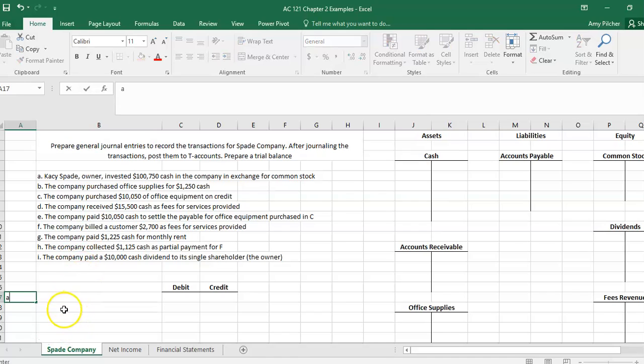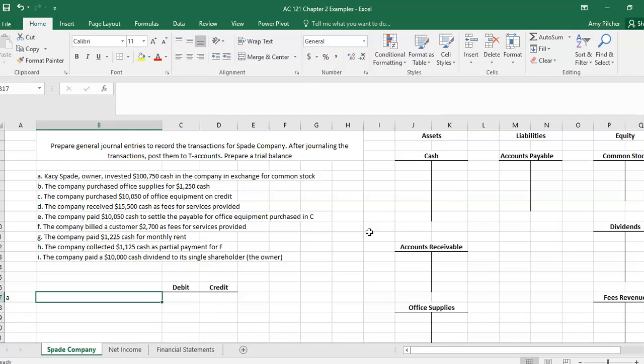So journal entry A, Kate Spade owner invested $100,750 cash in the company in exchange for common stock. We have two accounts affected in this transaction. We have common stock and cash.